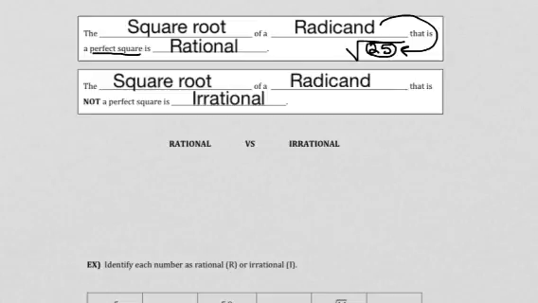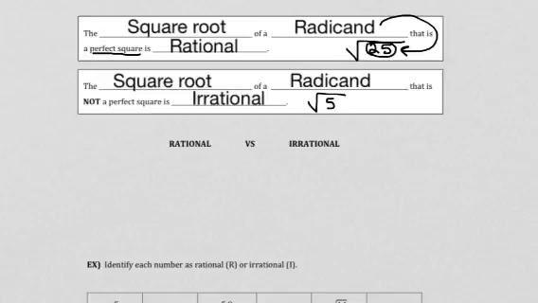Let's do the square root of 5. If we take the square root of 5, since the radicand is the 5, and 5 is not a perfect square, this is an irrational number.